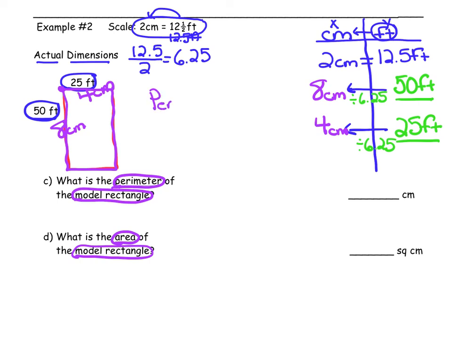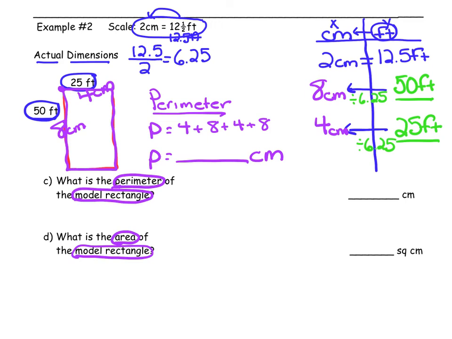Perimeter, please take down these notes, is 4 plus 8 centimeters plus 4 centimeters plus 8 centimeters. In a moment, you're going to calculate the perimeter.